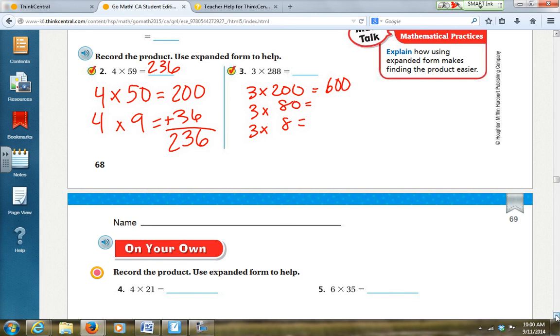Add the 2 zeros. What is 3 times 80? Esme. Close.